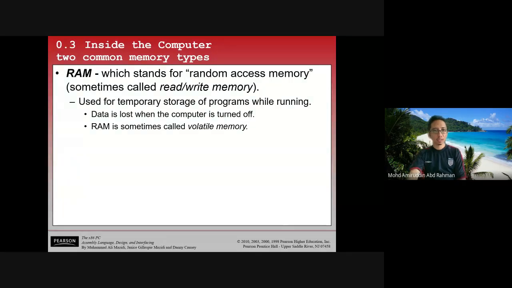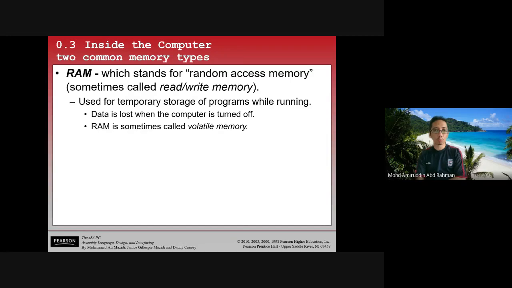The data is lost when the computer is turned off. The RAM is usually a card slot inside a computer where you can add it. Right now they are using PCI Express connectivity, so you just slot it in, and you can add RAM to your computer.